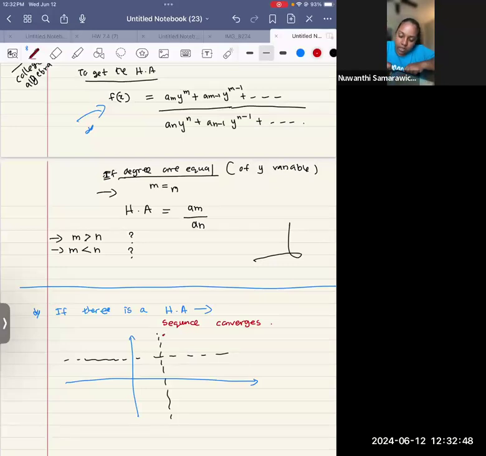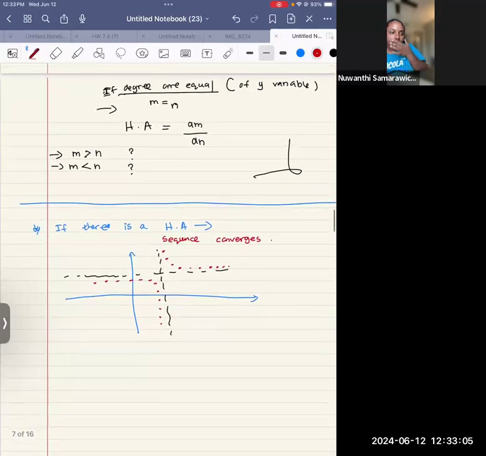So you get discrete points here, because it's a sequence.